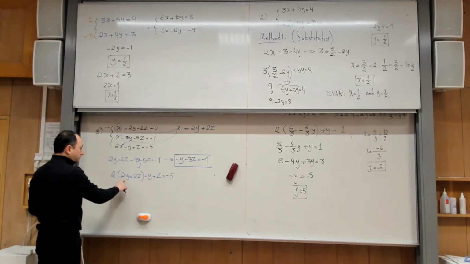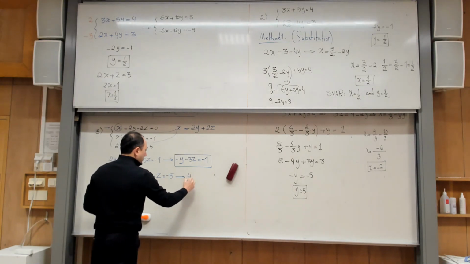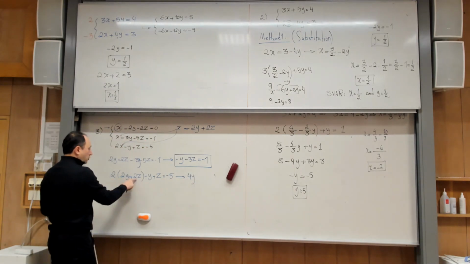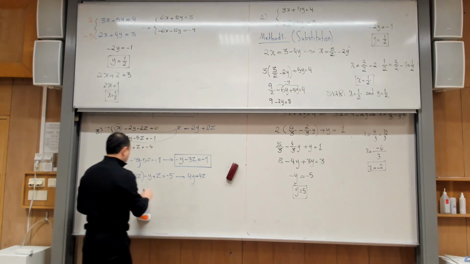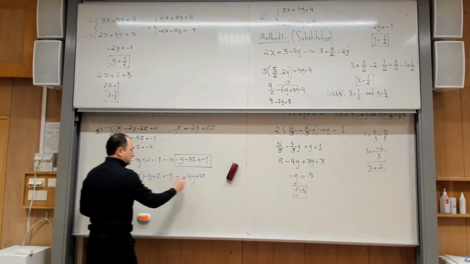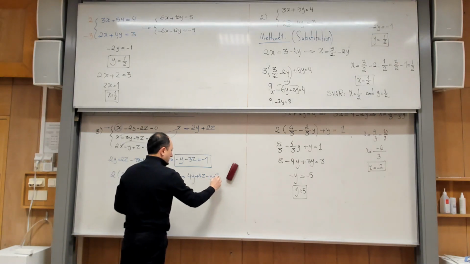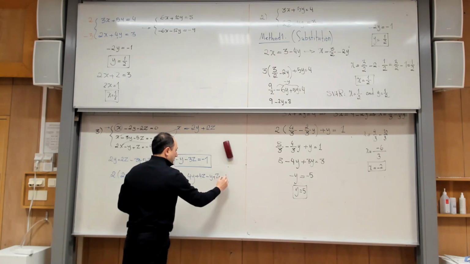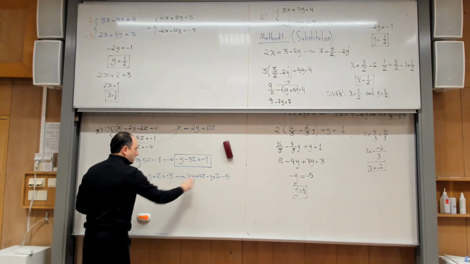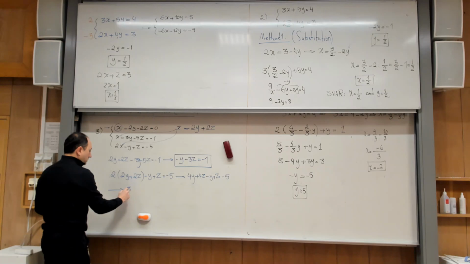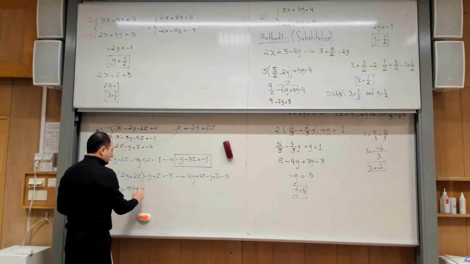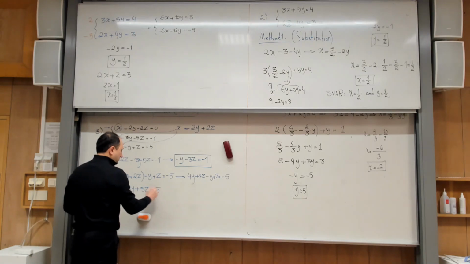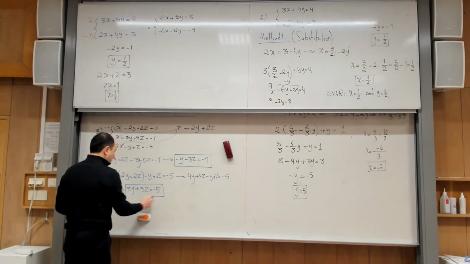So it becomes 4y, 4z, and then I have minus y plus z is minus 5, sorry. And then I have 4y minus y is 3y, and 4z plus z is 5z, equal to minus 5. Then I put this also in a box.